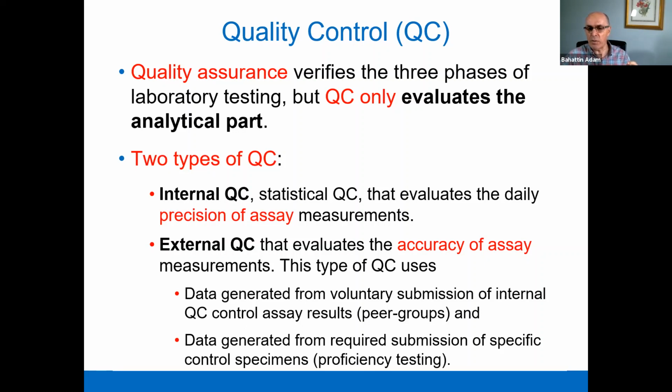You receive external controls from the proficiency agencies, okay, and this type of QC uses the data generated from the voluntary submission of internal QC control assay results from the peer groups, the lab groups that you participated in, and also uses data generated from required submission of specific control specimens from the proficiency testing.